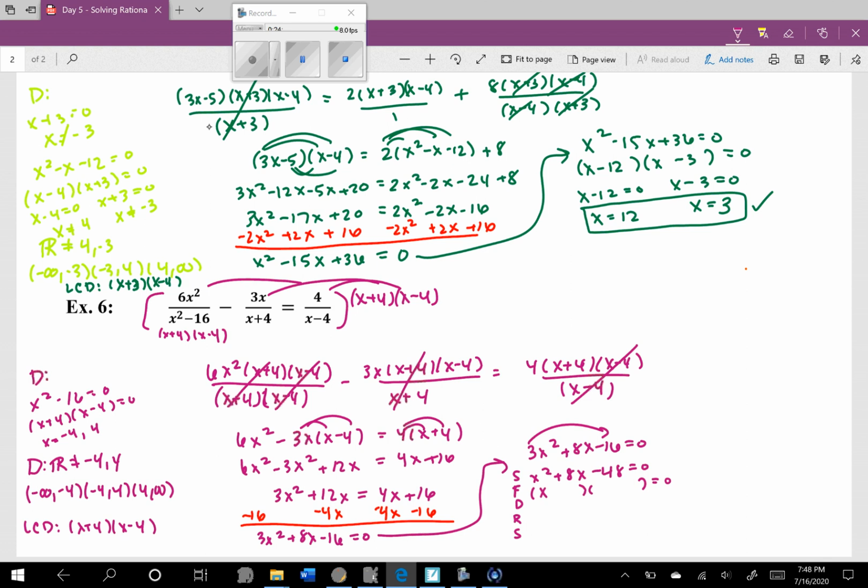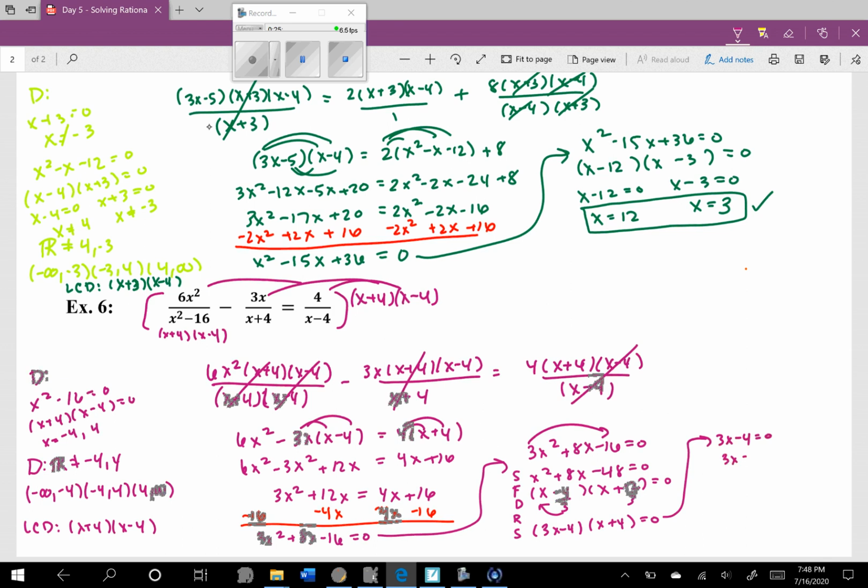So x minus 4 times x plus 12 and then divide by what we moved in the beginning, so divide by 3, reduce, and if it doesn't reduce, swing it in front. So 3x minus 4 times, and 12 over 3 becomes x plus 4, and then set each factor equal to 0 to solve.